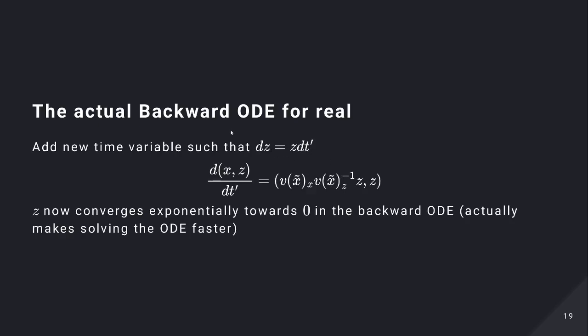What this means now is that z equals e to the t, and so it's exponential. We solve the backward ODE, and z converges exponentially towards 0 instead of just linearly, so it converges faster, and solving the ODEs is faster. This is the final step.